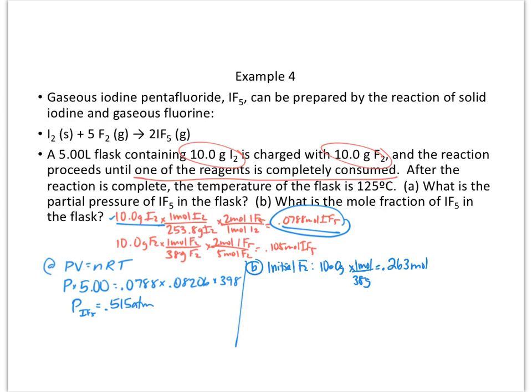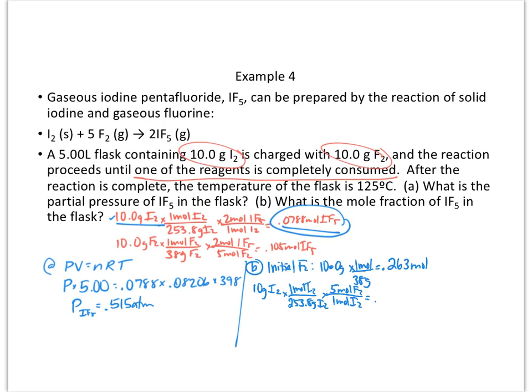Now for the amount used, I have to see how much fluorine reacted with the iodine. So I had 10 grams of iodine that I know I'm going to use up completely. Convert that to moles, using 53.8 grams of iodine. And how much of that iodine reacted with fluorine? Well, that's the mole ratio. Fluorine, 1 mole of iodine.